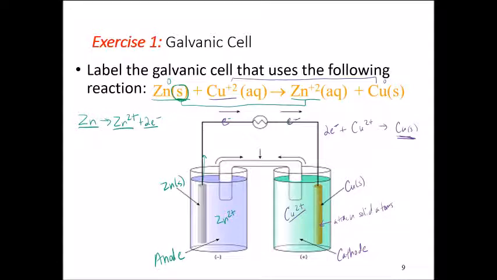So that also means that over here on the zinc side, the zinc solid atoms are actually breaking down. So this side is going to be getting smaller. Some of that zinc solid is going to turn into Zn2+ solution. So this electrode will start to get smaller, and some of the mass will degrade because it's turning into Zn2+ in solution.